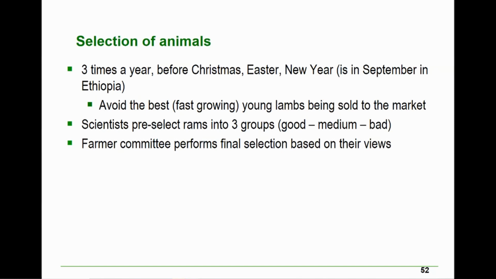So at the end, basically, they make an informed decision, and usually they choose from the best category of animals, and sometimes from the medium. So with this approach, we ensure quite consistently that we get rid of the bad animals, therefore the average of the population goes up.